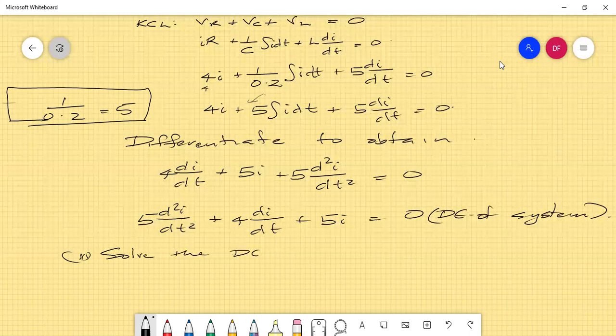So now, suppose they ask us to solve the differential equation. We would then utilize the auxiliary equation just like before.